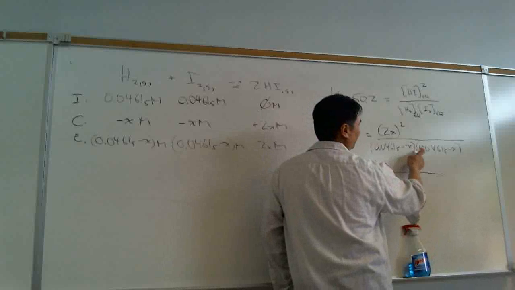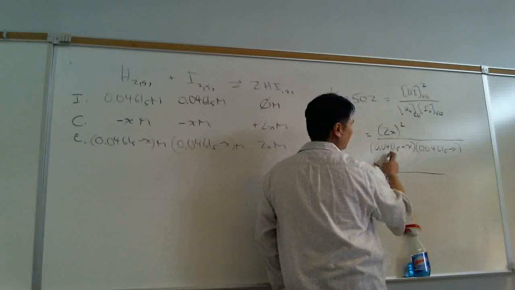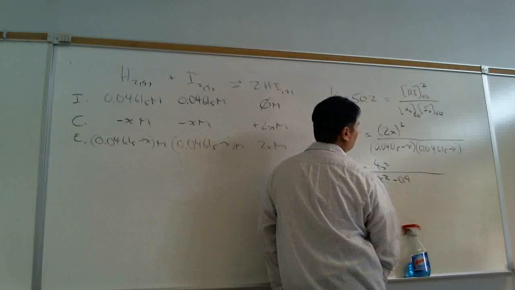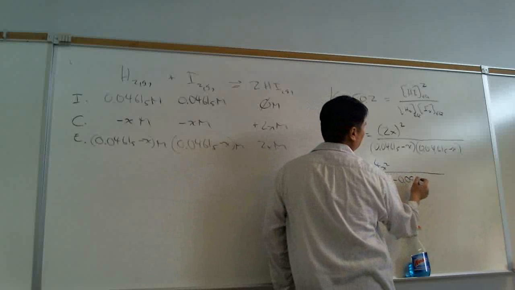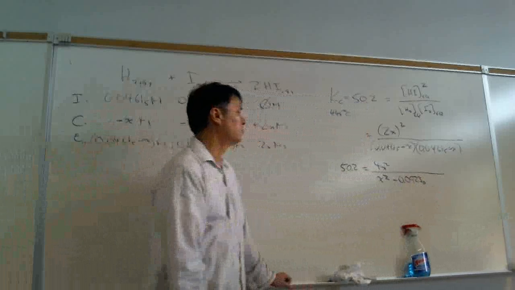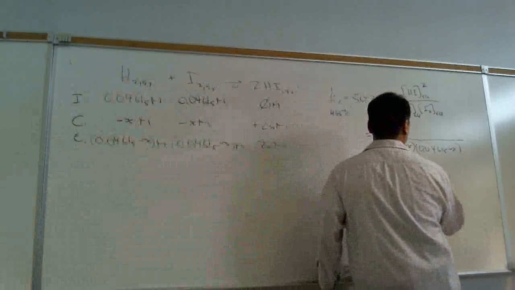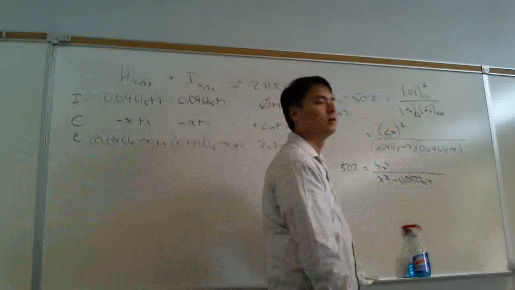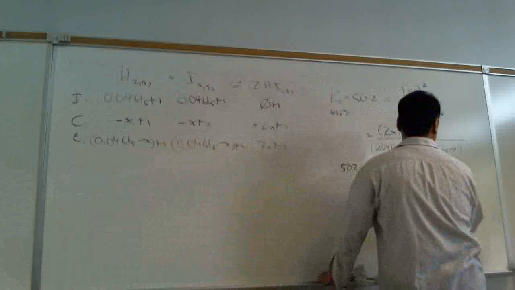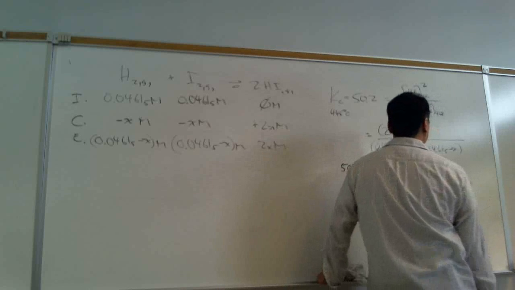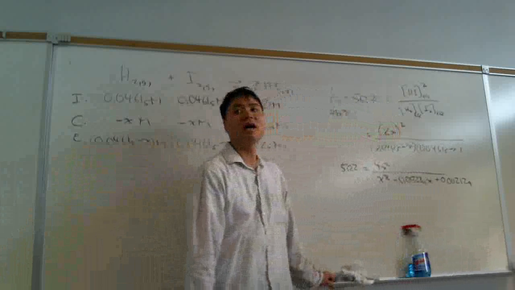And then minus this minus that will give me minus 0.0923x, and then square this 0.04615 squared, which is what? 0.00212, 9.8. We're only allowed 3, so let's just carry the 9, drop the 8.